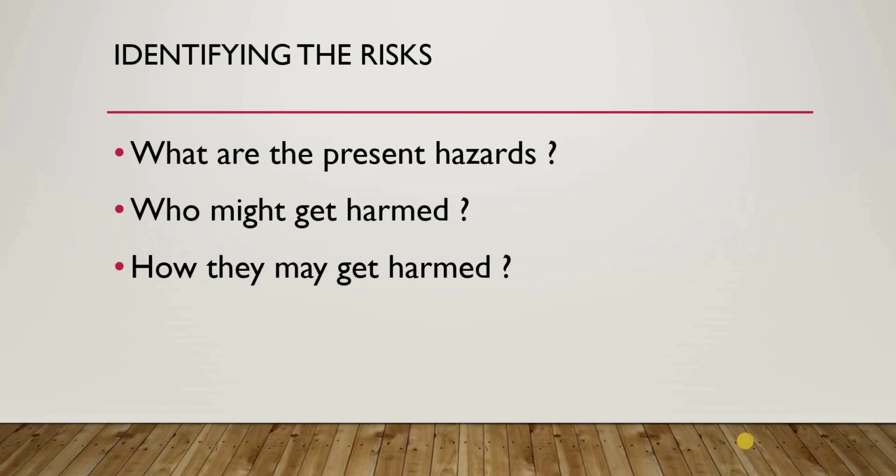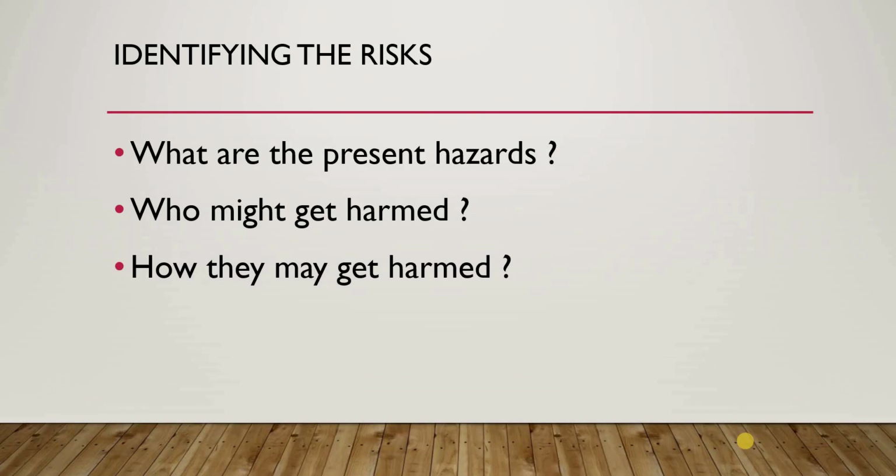Now we have to identify our risks. We have to think as safety personnel about what the risks are which we have to identify while doing our work. For this we have to think about 3 things. First one is what the present hazards are, like what are the hazards in the workforce environment.